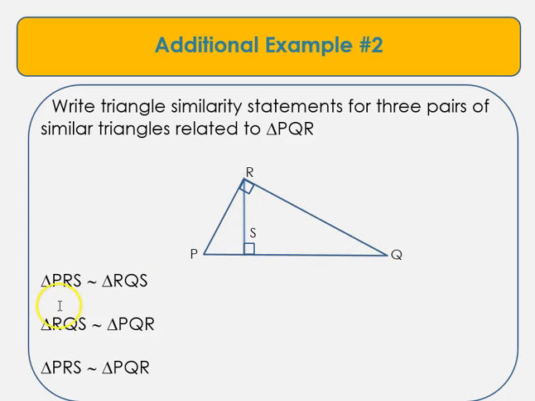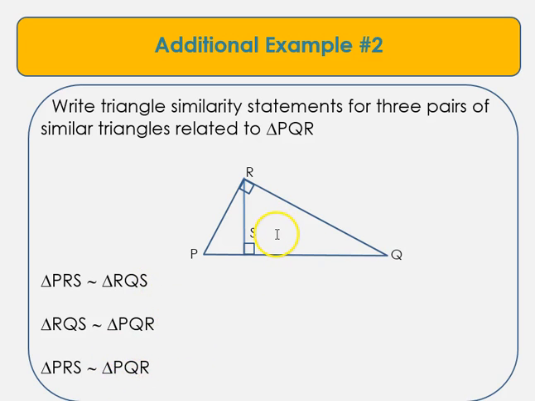So let's start with the smaller triangle. PRS is similar to the medium triangle RQS. PR is the hypotenuse. In the medium triangle, RQ is the hypotenuse. So we should have lined up here PR and then RQ, and that is correct. And if we continue down here, our next segment, which is the long leg, is RS, and this long leg of the medium triangle is QS, and we can see that those line up, RS and QS, so that's correct.